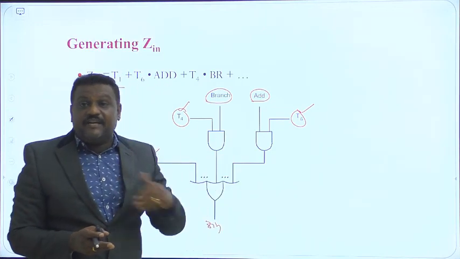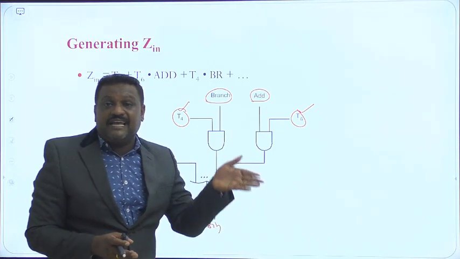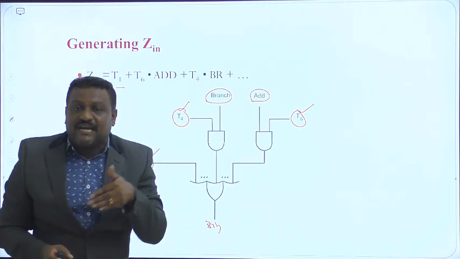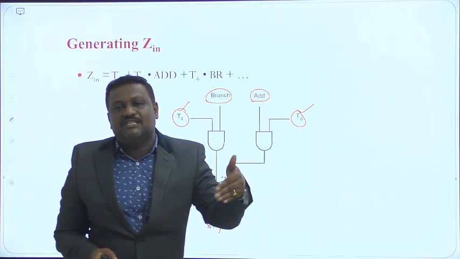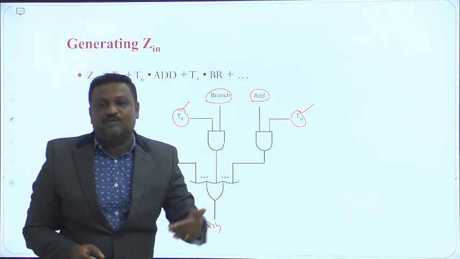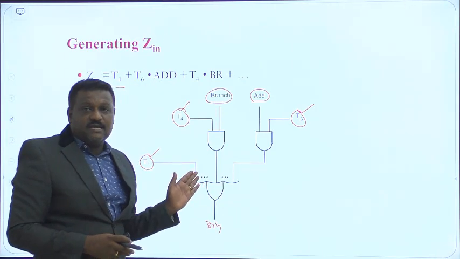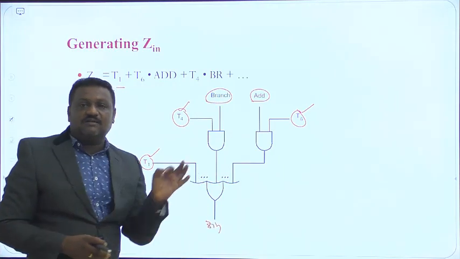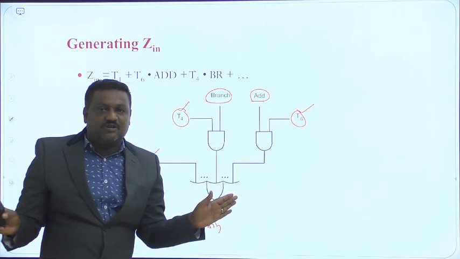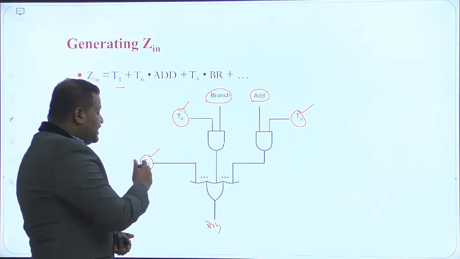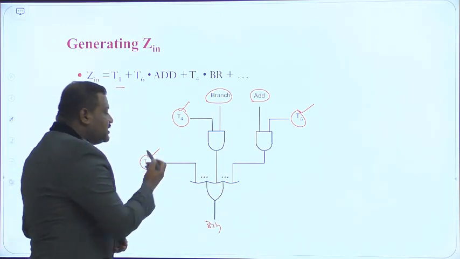By considering different inputs, it will consider the INS inputs, the timing signal inputs, the flag values, as well as external signals like NFC and interrupt signals. So what this diagram indicates is that Zin is nothing but a control signal generated by my encoder circuit. At what time instant it is generated is indicated here. It is activated at time instant T1.